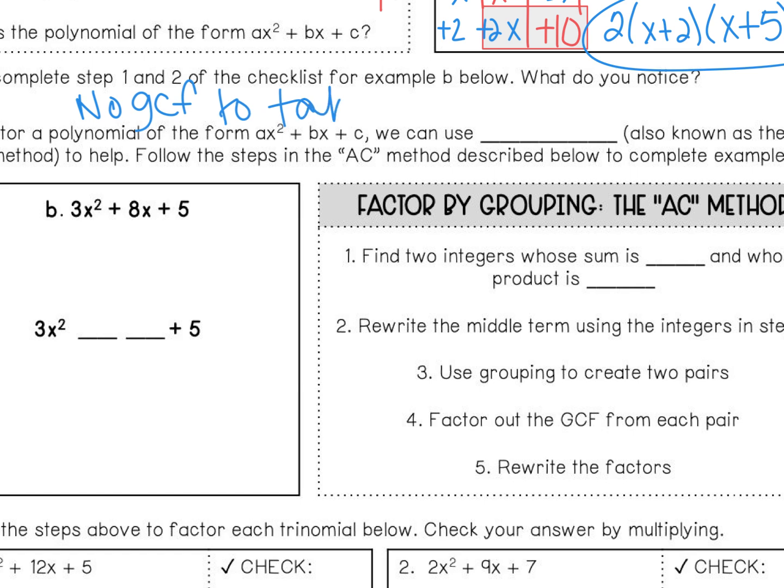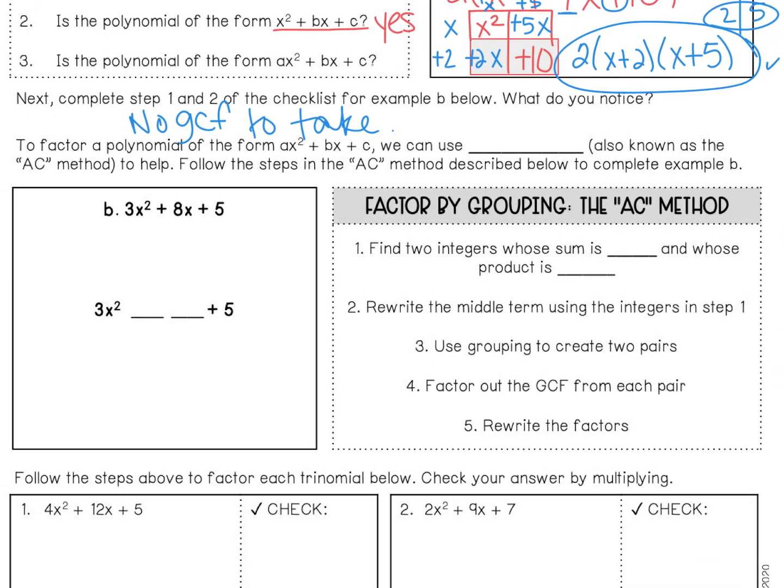So we are now going to have an a that is a value that is not 1. Okay? So that's what we're going to focus on today. So to factor the polynomial when a is a number, we can use grouping, which you guys decided that you did not like. So we will use the backwards box. You could also use the snowflake that we talked about yesterday.